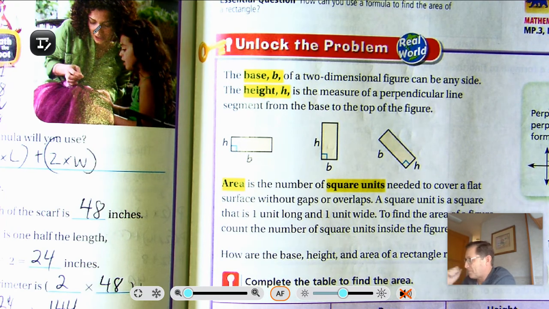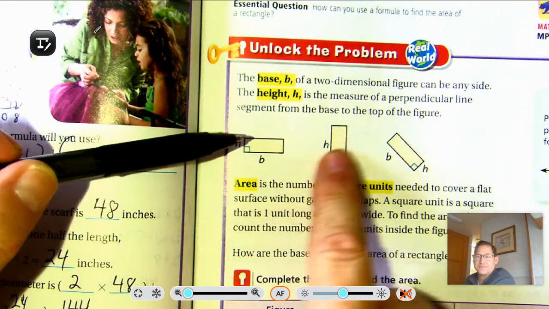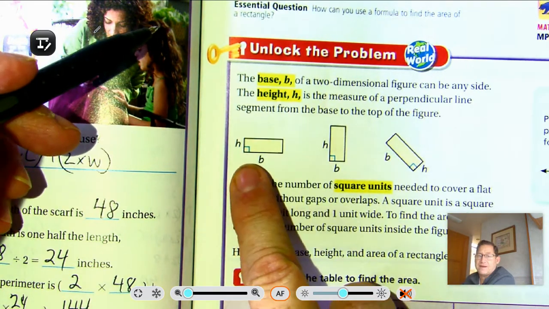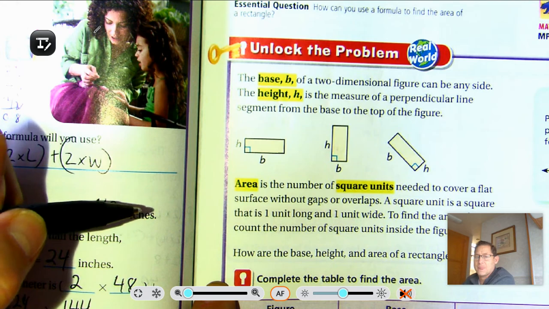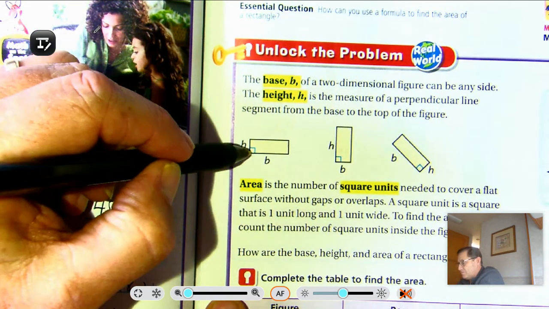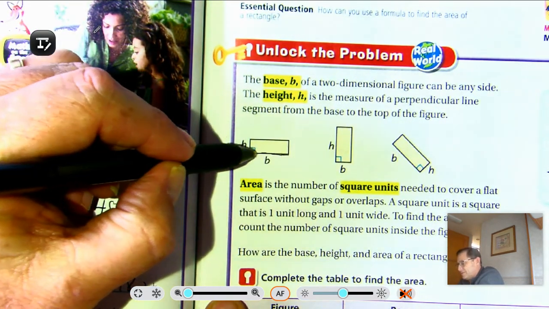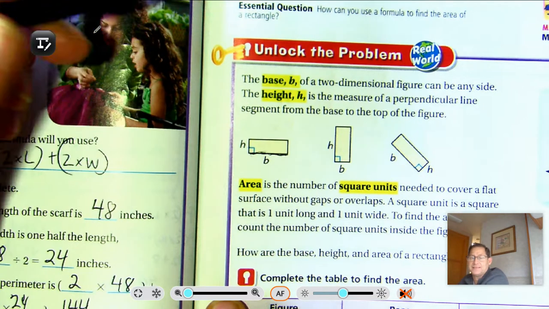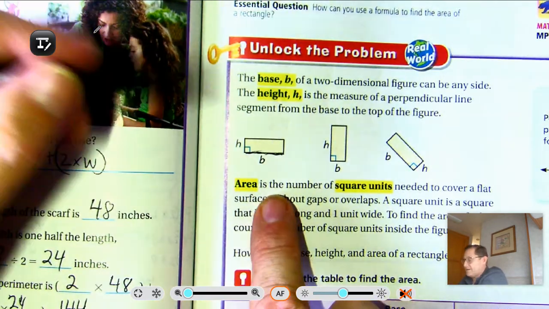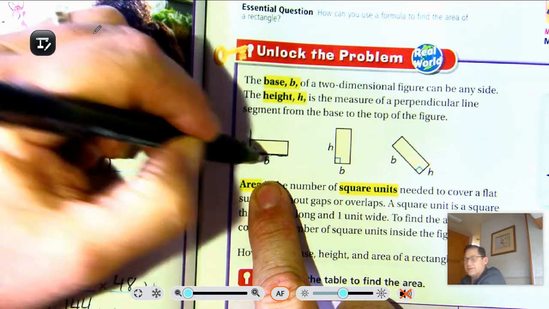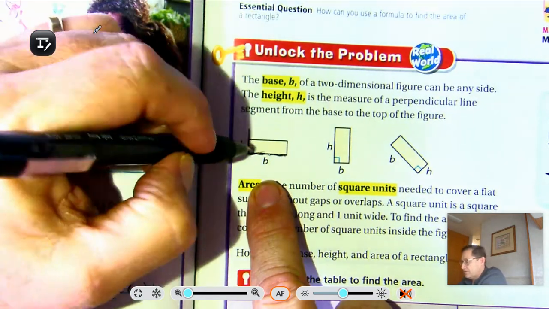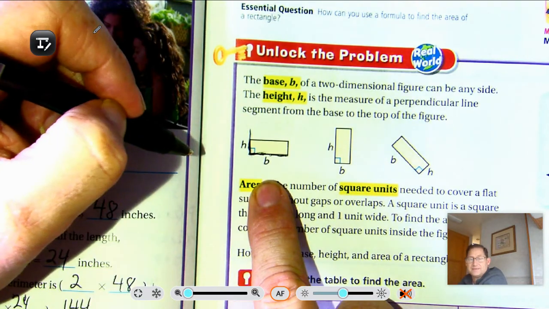Here we have the same rectangle represented three different ways. Here they're saying the long side is the base. Well, the height of a rectangle is just the line that is perpendicular to the base. So this would be the height.